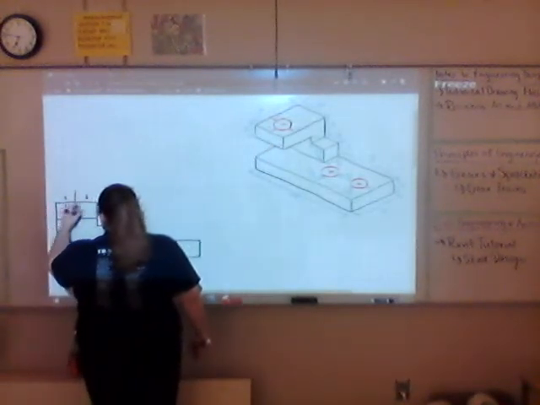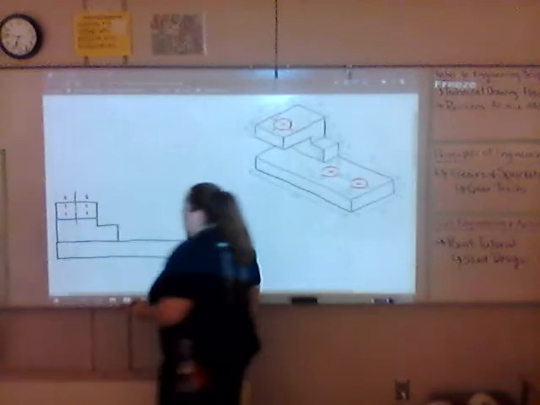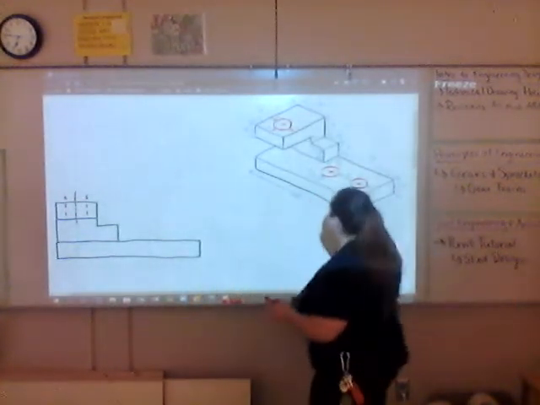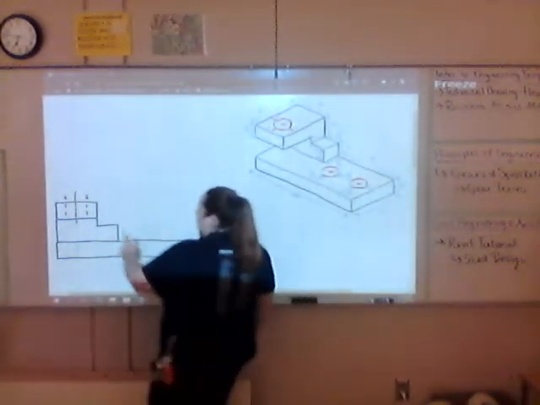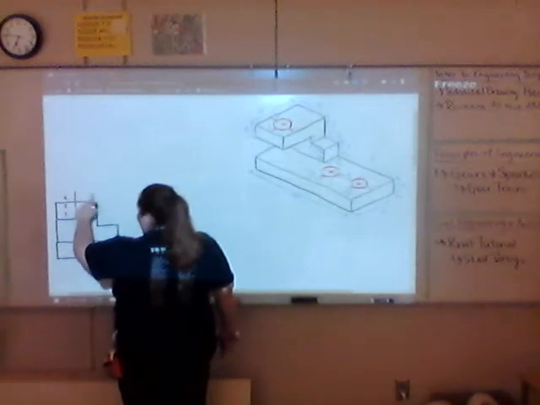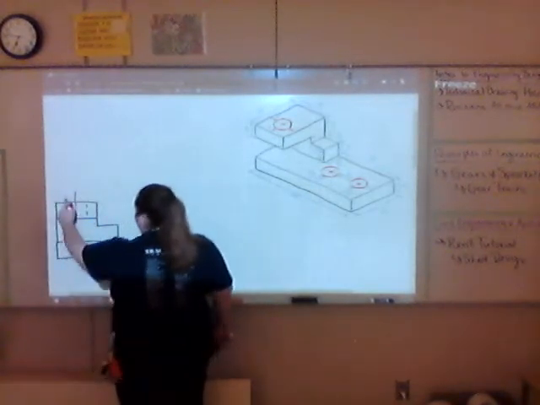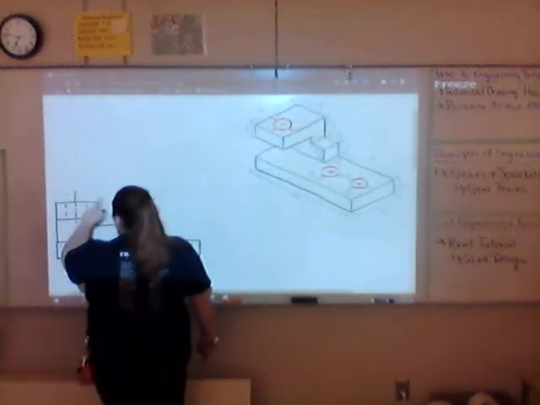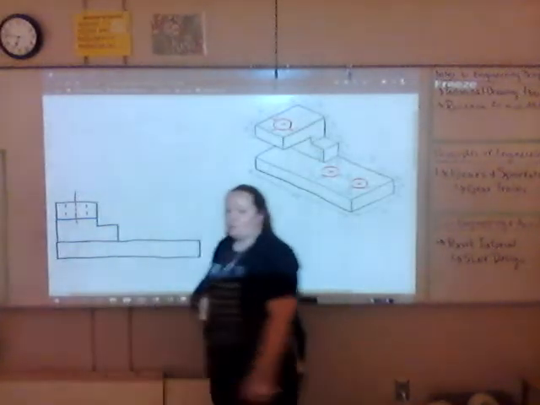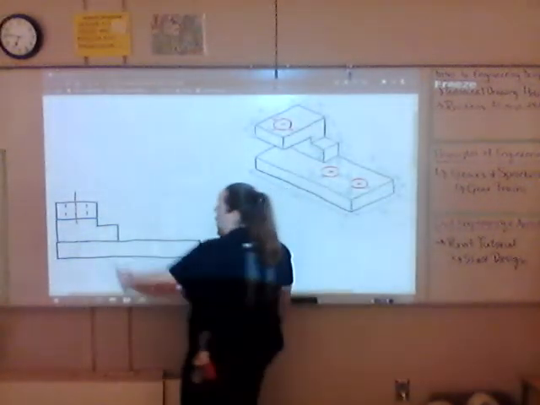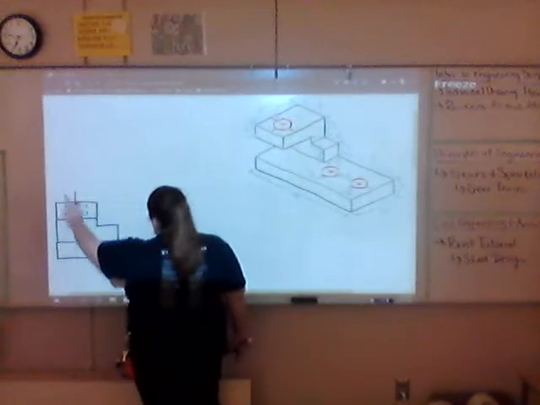Hidden lines on either side, 1 away, or something like that. Okay? And just to let you know, these are arrows to help guide where you're supposed to put your hidden lines. If you don't need them, make sure you erase them, but they are not supposed to be part of the hidden lines right here and here.